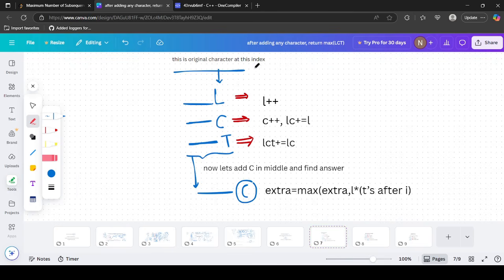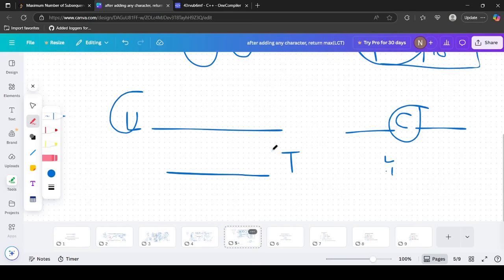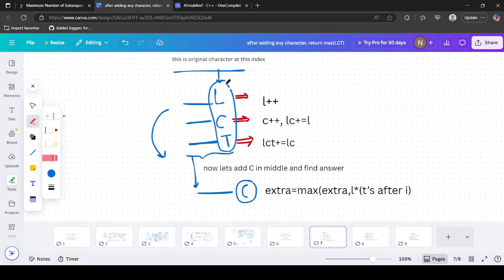Let's say these are the original characters in the string itself. For now, let's assume these LCT are in the given string, and we are just traversing the string and thinking how to proceed.